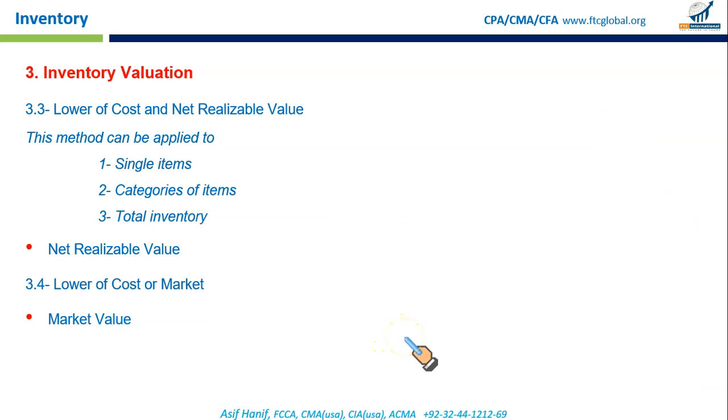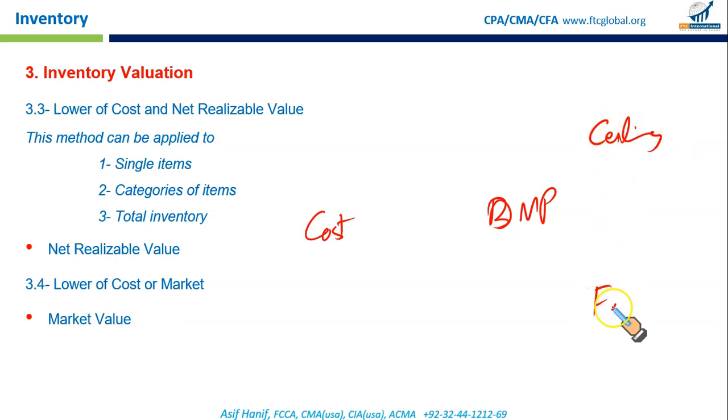So the recommended method in your textbook is you take your cost on one side, and your designated market price should not be more than the ceiling and should not be less than the floor. Ceiling, they call NRV as your ceiling, means your market price should not be more than NRV.